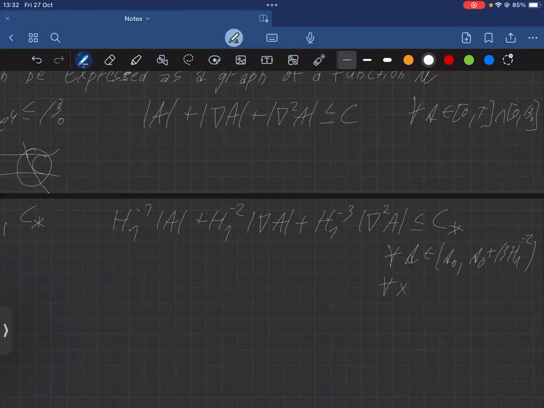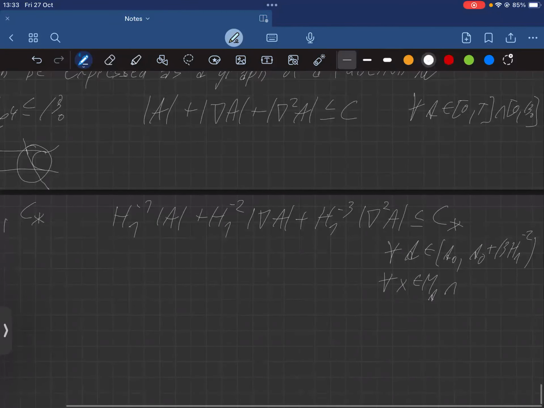and for all x in MT intersected with some ball around x0.